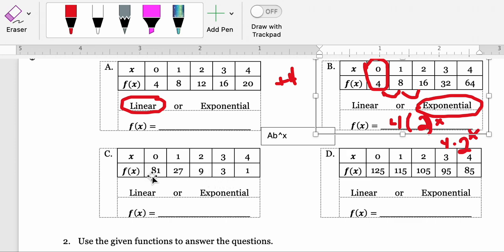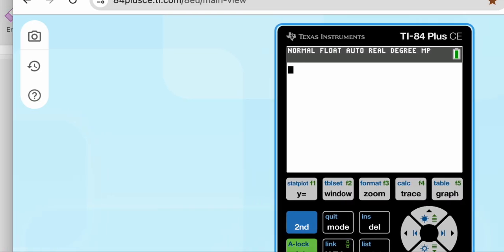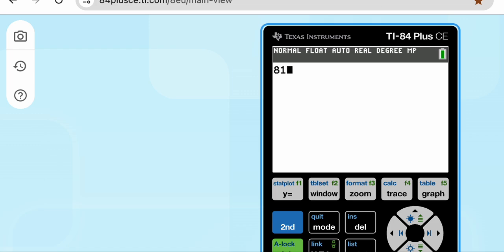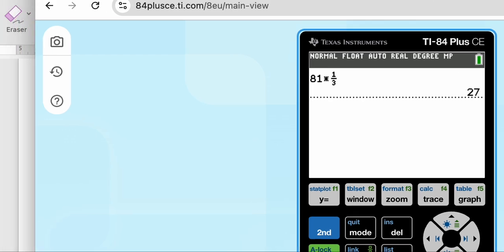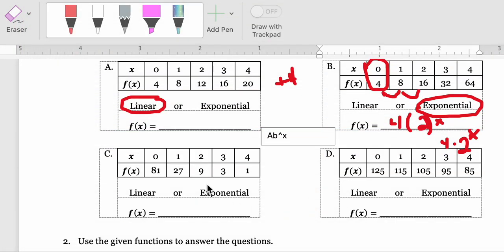So if I was to multiply 81 times 1/3, which is actually 81 divided by 3, that's 27. So our next one would be 27 times 1/3, and that's 9. So it's fairly easy to come up with an equation from here.